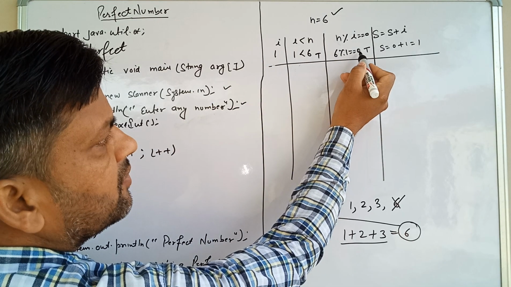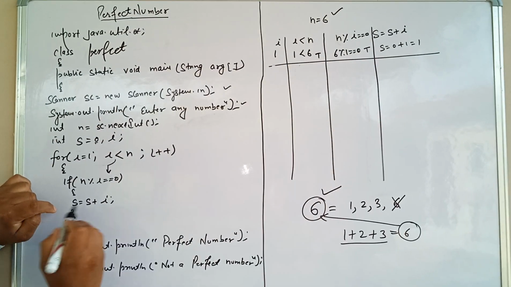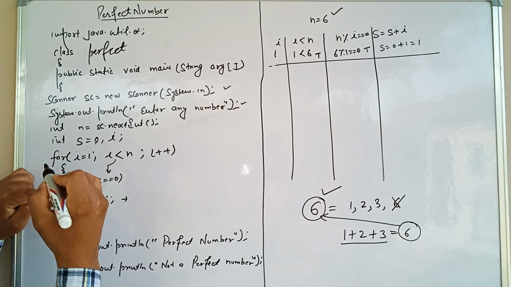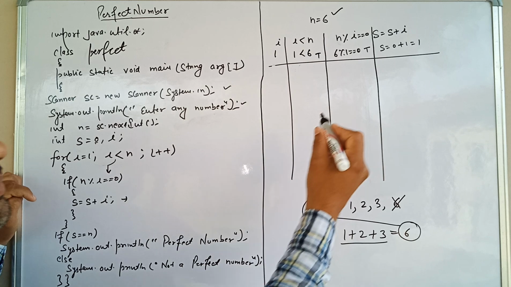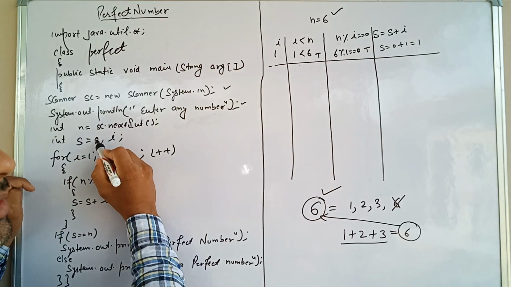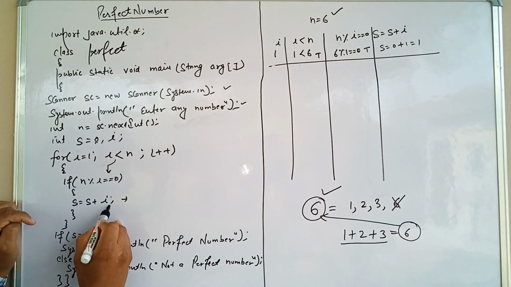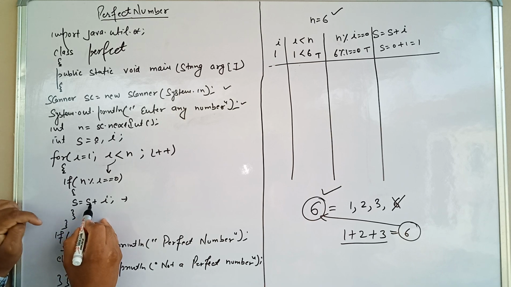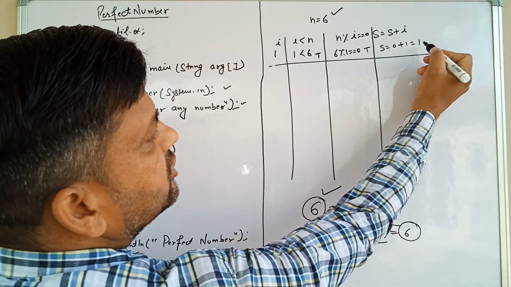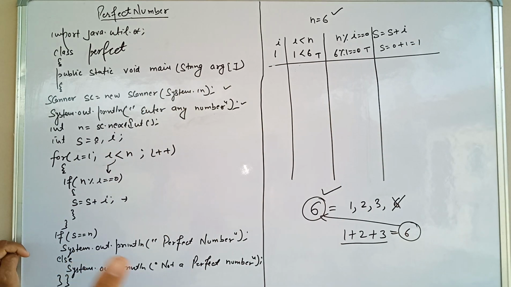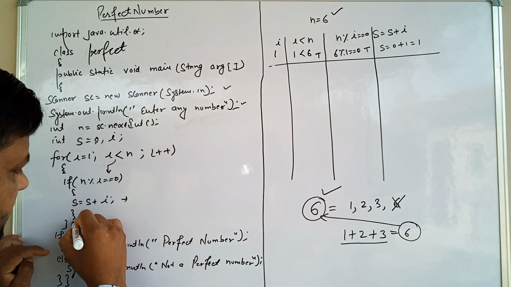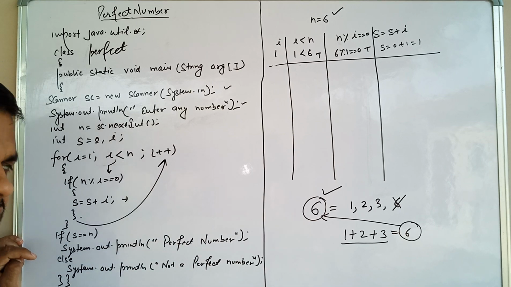So 6 mod 1 equal to 0, condition true. If it is true, s will be evaluated. What will be the value of s? At the beginning it is 0. So s is equal to s plus i, so s is equal to 0 plus 1. So what will be stored in s now? 1. After this, control will be shifted to the increment section.